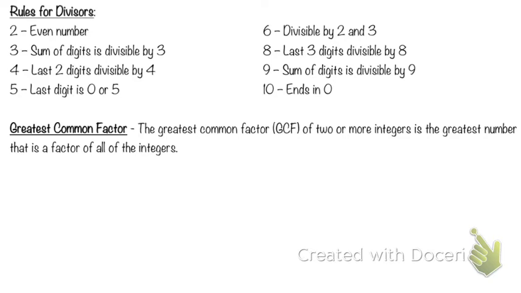For 3, the sum of digits is divisible by 3. We just had the number 72 a bit ago. What is 7 plus 2? 9. Adding up the digits gives 9. Is 9 divisible by 3? Yes. So is 72 divisible by 3? Yes. So if I give you a number, you don't have to write these down, obviously.